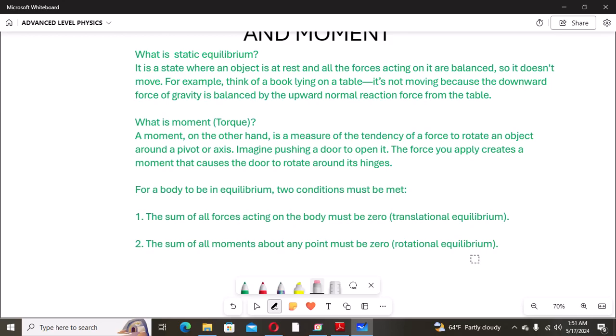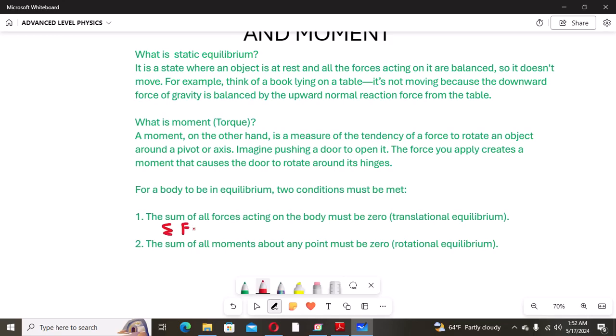What we mean by that is that the vector sum of all forces acting on a body in the vertical direction must be equal to 0, and the vector sum of all forces acting on a body in the horizontal direction must be equal to 0.